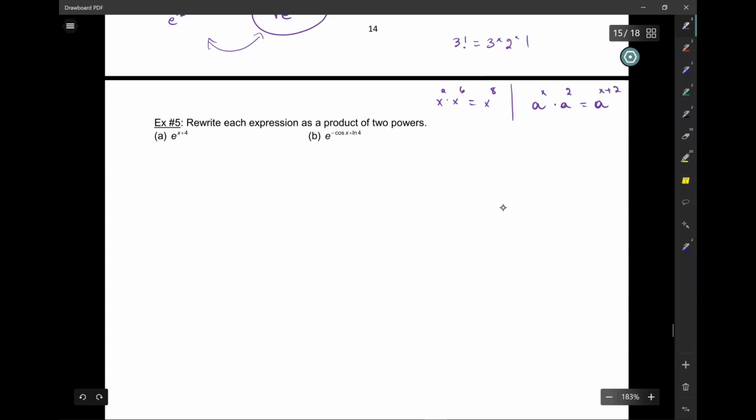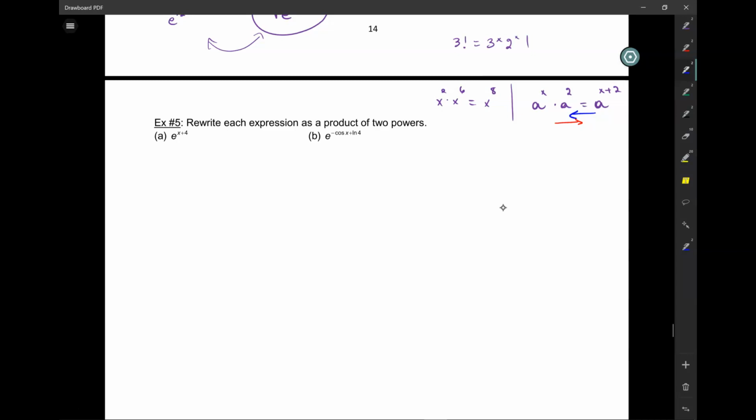We do that with no problem whatsoever. Now, if we can go in this direction, we should also be able to go in this direction. So if I have a to the x plus 2, where did this come from? It used to be a to the x times a to the 2.